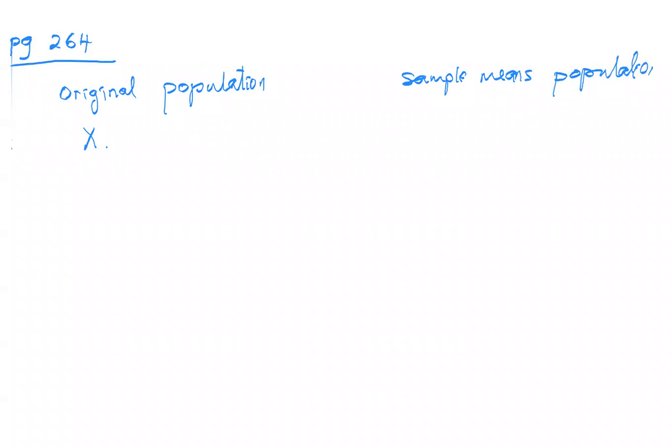This is the original population, there's our X. And the sample mean population. But in actual fact, you don't say sample mean population. I just add in the word to let you have the sense of population. We just say sample mean. So this is our sample mean that we are talking about.